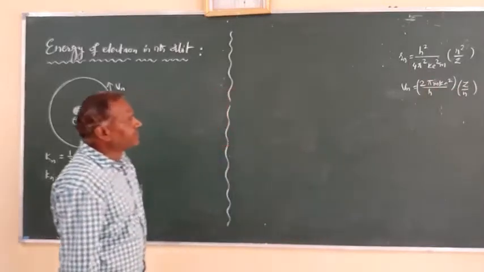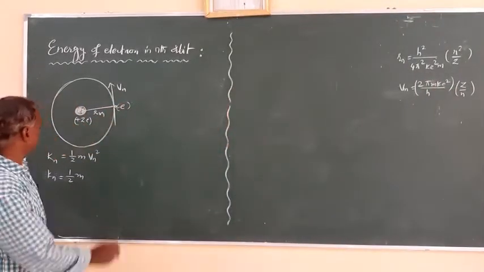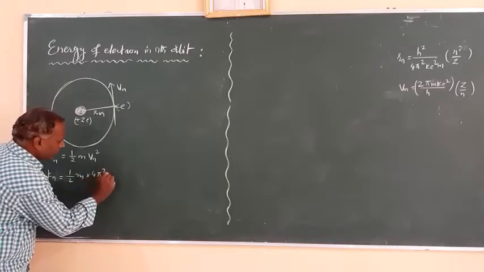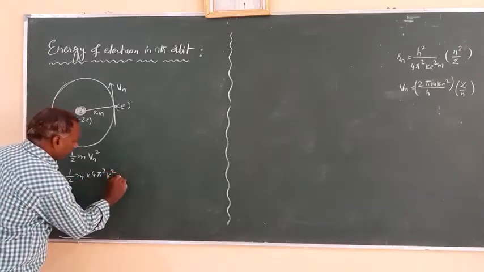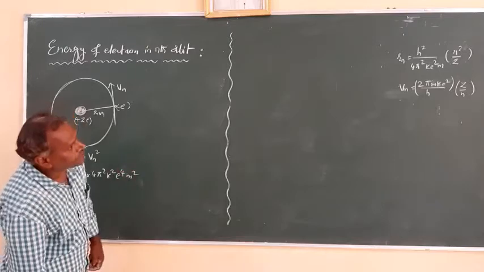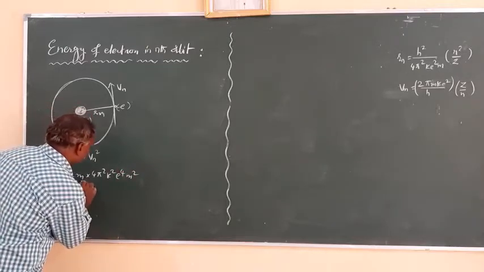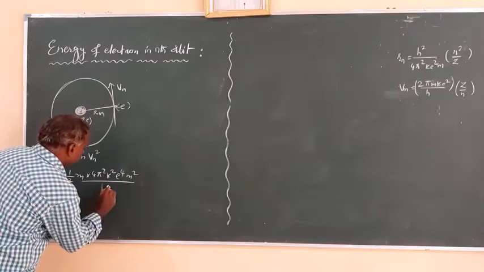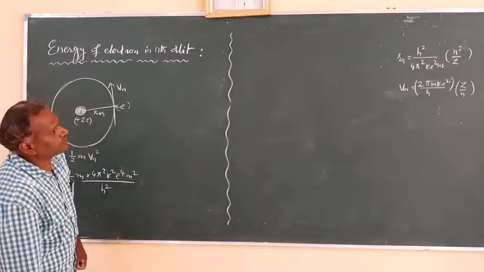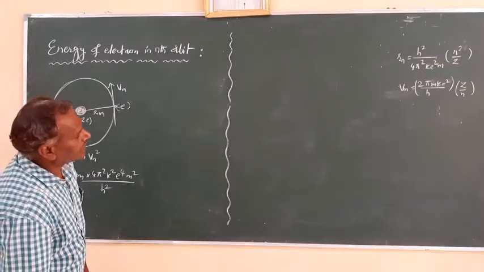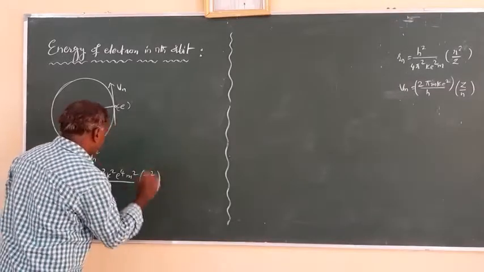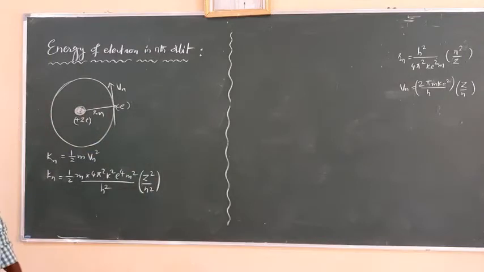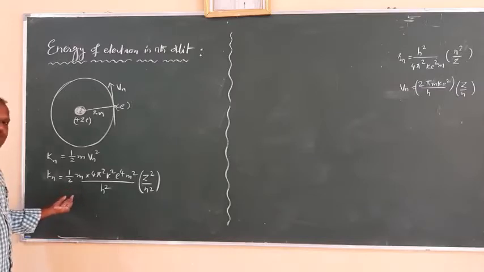Then what do you get? It becomes 4 pi square k square e power 4 m square upon h square, and Z by n squared gives Z square by n square. So this is the equation we will get.